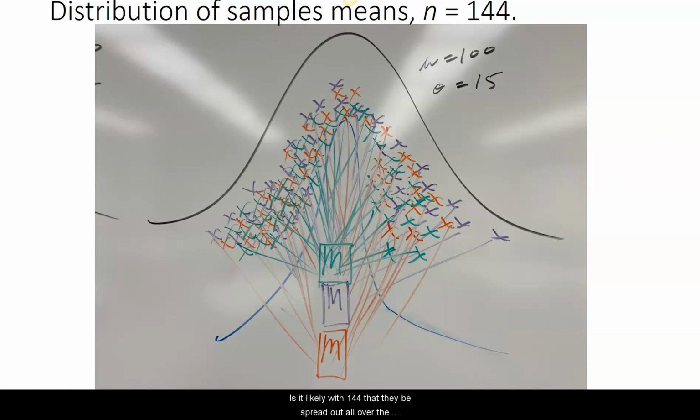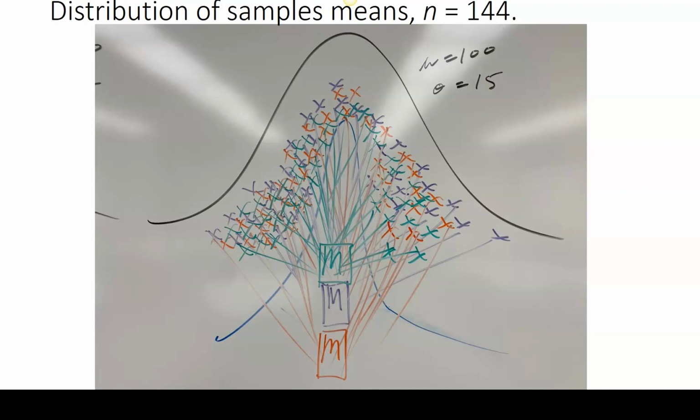Isn't it likely with 144 that they'd be spread out all over the universe? Of course they would. And when they're spread out all over the universe, it puts the mean smack in the middle. Same with orange. Look at all the orange X's there. There are 144 of them. Some high, some low, some middle, and it puts the mean smack in the middle.